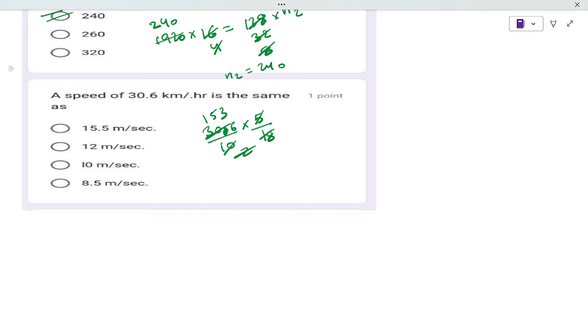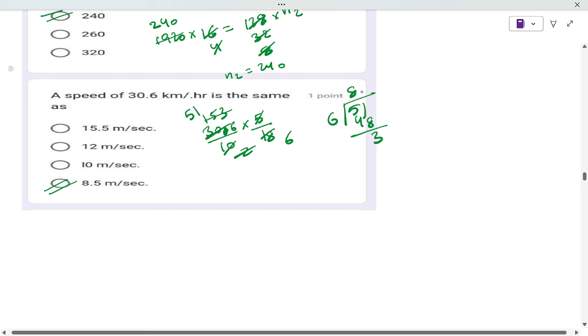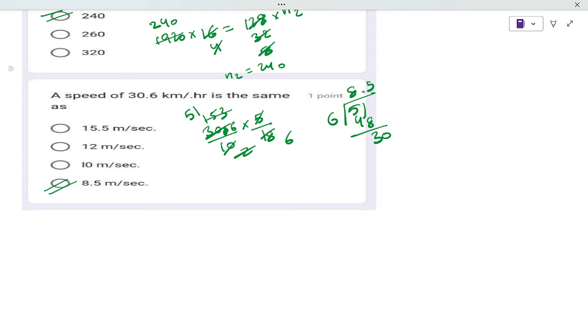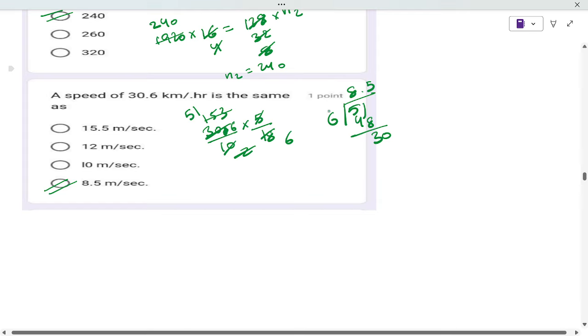We cancel with 3 6 times, 3 how much times? 5 times 1 times. So 51 by 6. 8 times is 48, so we can say 8.5 is the answer if you simplify it also. 3 4 times 24, 3 5 times is 30. That's the answer.